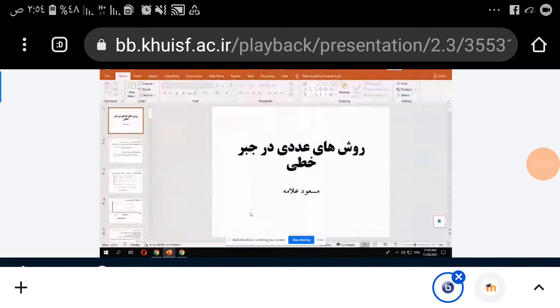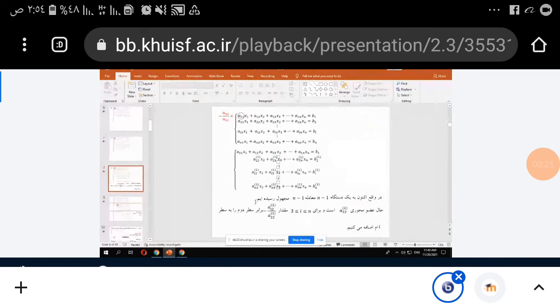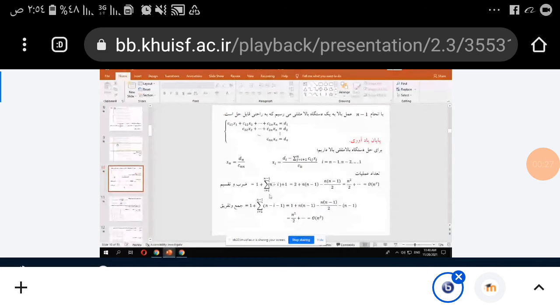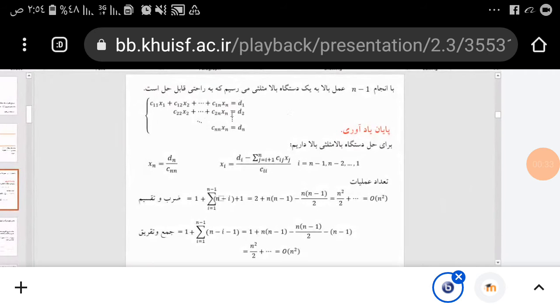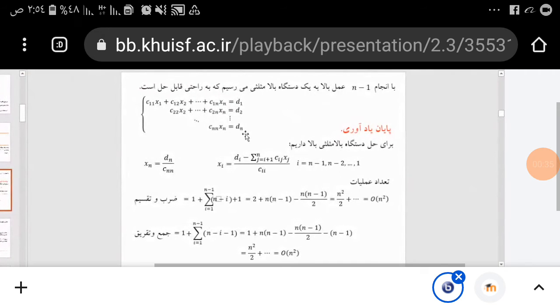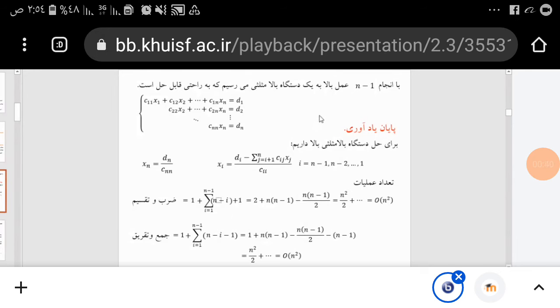We started numerical solution, linear algebra, about triangle matrix and Gauss elimination and three trivial operations that don't change the solution.